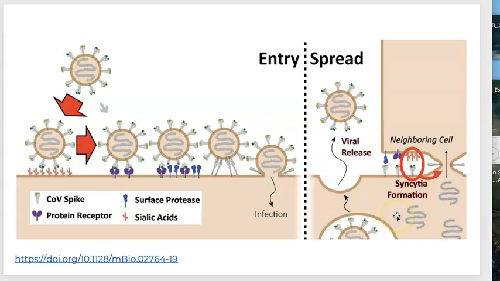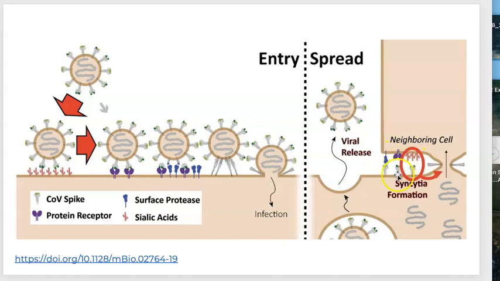The other potential outcome here is the formation of syncytia. Syncytia formation is basically just membrane fusion between neighboring cells. And so in this particular case, some of these virus spike proteins find their way to the epithelial cell surface, where they can attach to receptors on neighboring cells.